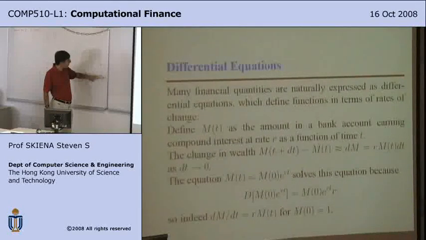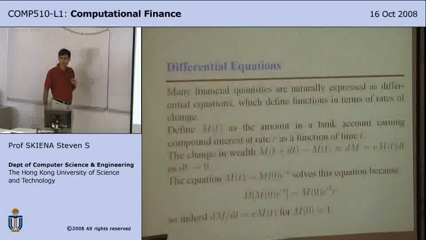Delta t is a fixed, small amount of time. The amount of money that you're going to be earning is, instead of R applied for a year, R applied for the period of time between now and then, or delta t.